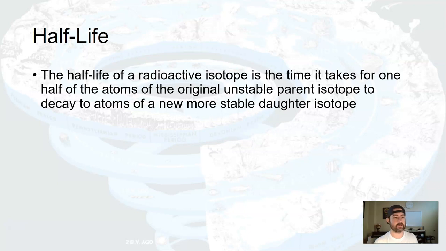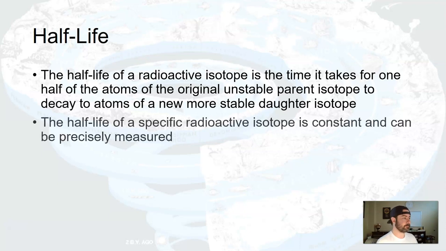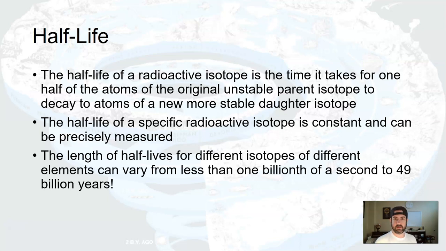Just half the material, not all of it. The half-life of specific radioisotopes is constant, and it's been measured precisely in lab settings. There are different lengths of half-lives for different isotopes of different elements. It can range from just a fraction of a second all the way up to billions of years.